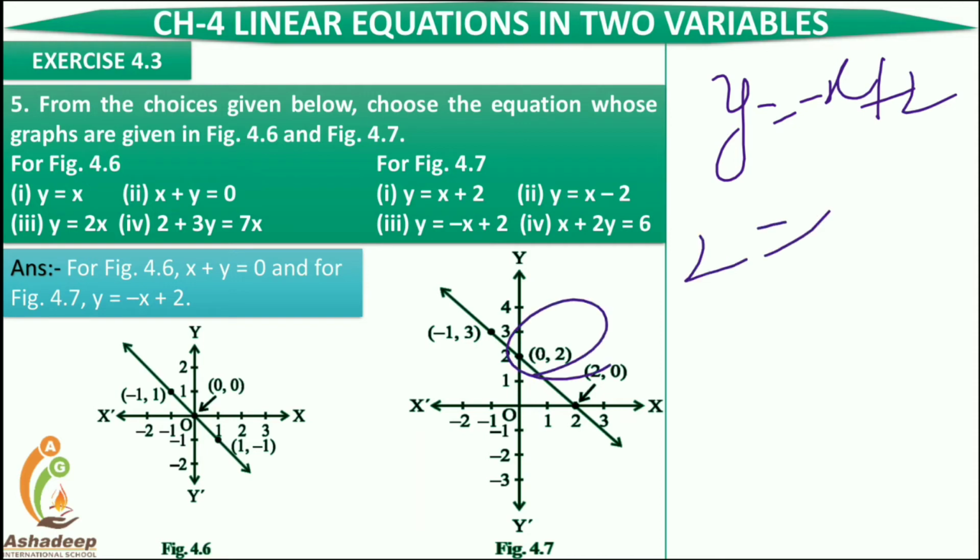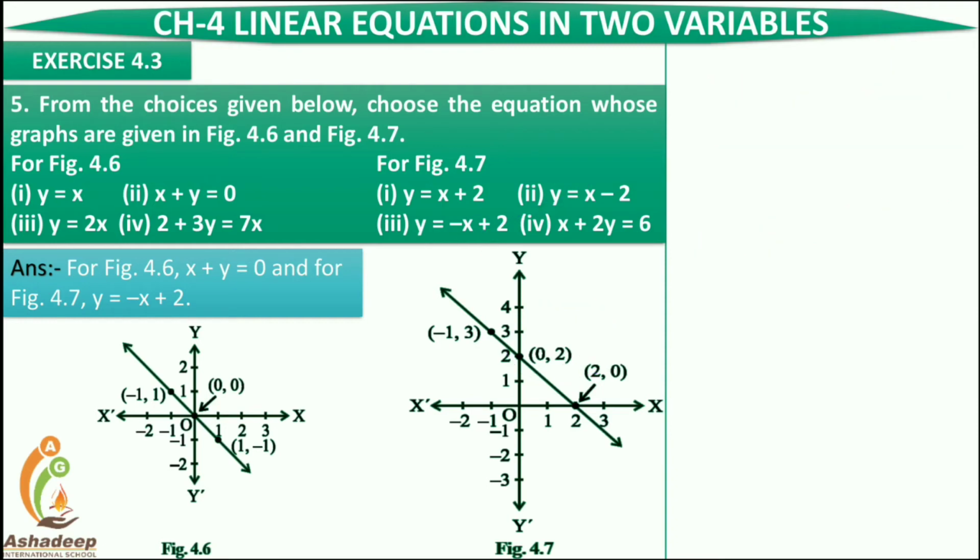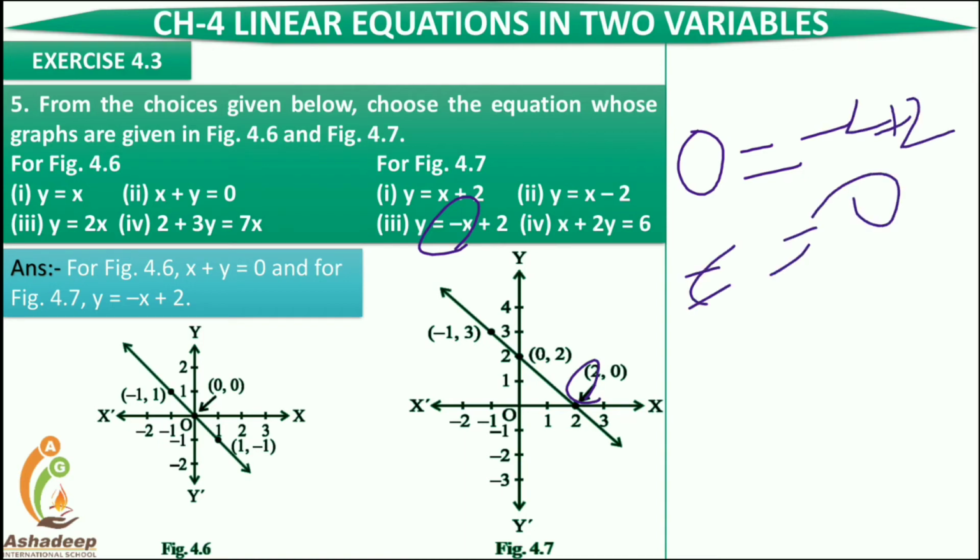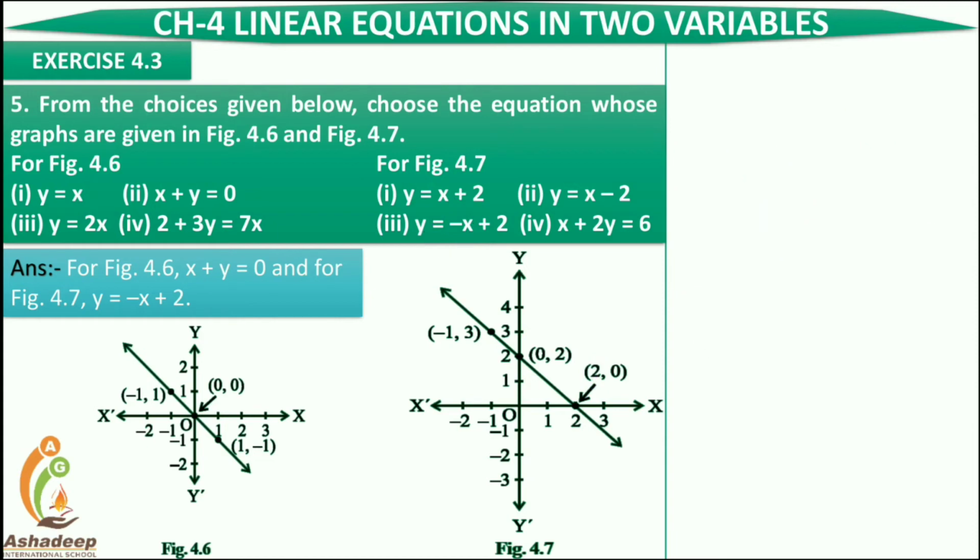So y is equal to 2, x is equal to 0, plus 2. Okay, this is satisfied. Now take 2, 0. So 0 is equal to, instead of x, I have to put 2. So minus 2 plus 2 is equal to 0. On both sides 0 will be there. So here this third equation satisfies this graph. Okay, so here it is second and here it is third.